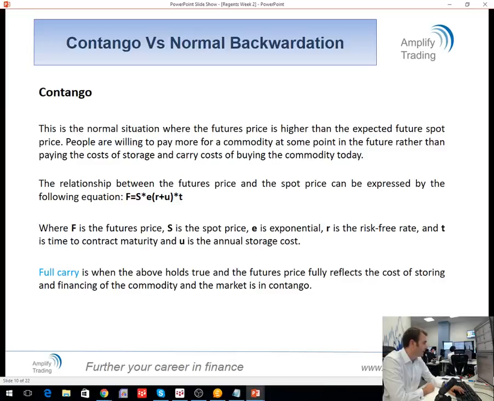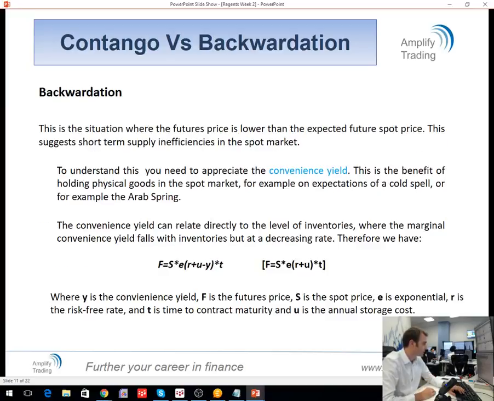People are willing to pay more for that commodity delivery at some point in the future and cover the cost of carry. If full carry holds true, that means the futures price, so the price you're paying to receive oil in 6 months' time, is exactly 6 months of the cost of holding oil. You don't need to go into the equation, just so you understand.